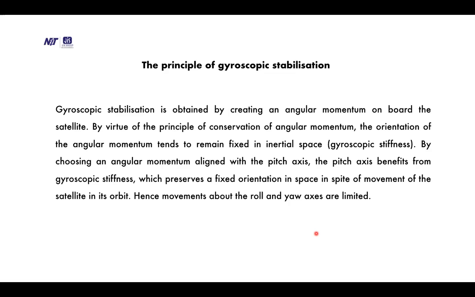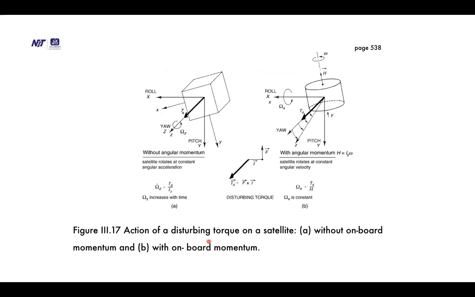By choosing an angular momentum aligned with the pitch axis, the satellite benefits from gyroscopic stiffness, which preserves a fixed orientation in space in spite of the movement of the satellite in its orbit. Hence, movements about the roll and yaw axes are limited.